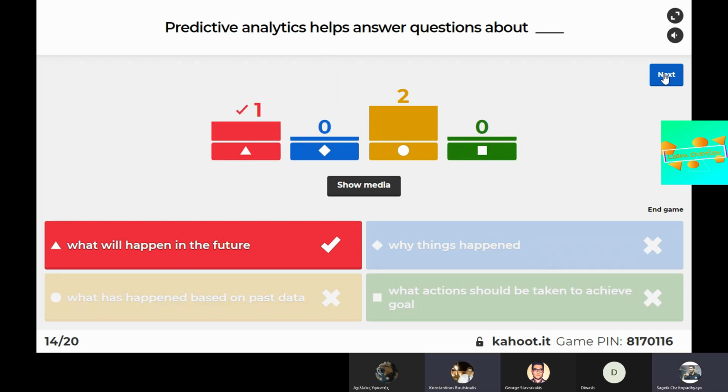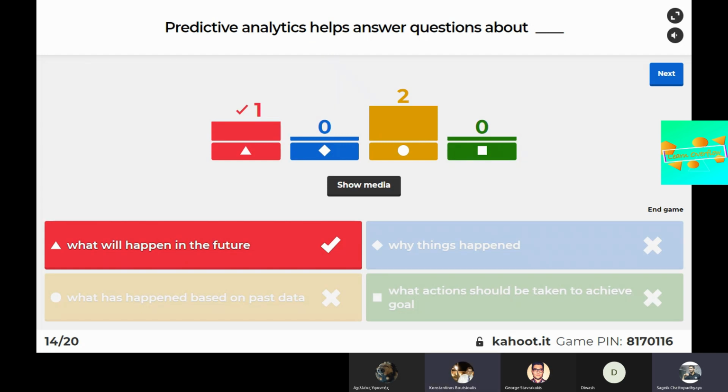Most of you have selected what has happened based on past data. But understand this part: when you analyze based on past data, you are analyzing, not predicting. When you predict something, you are trying to predict the future. These are basic, normal English terms, forget about Azure and all.